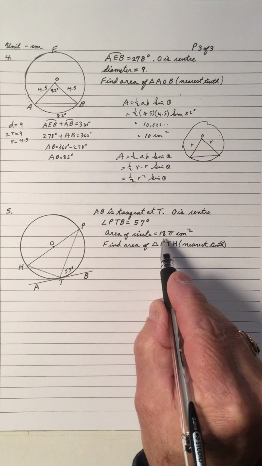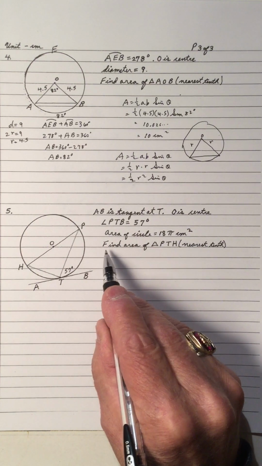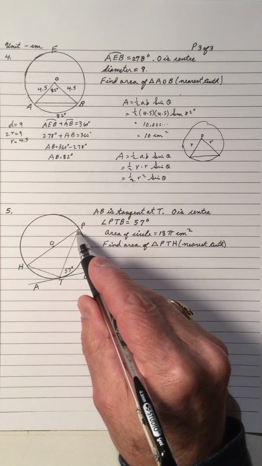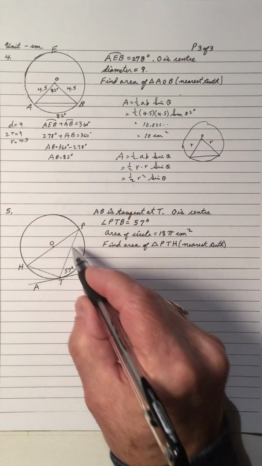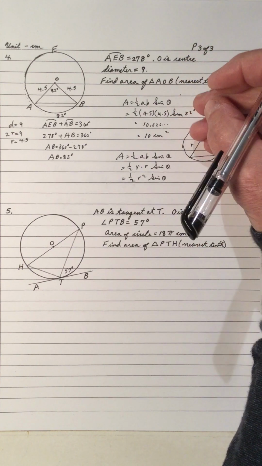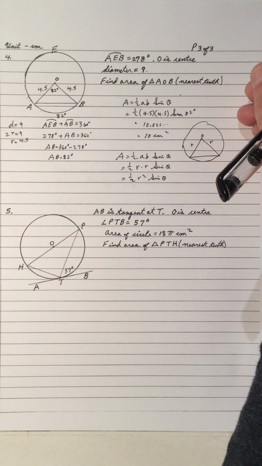The area of the circle is 18 pi square centimeters. Find the area of the triangle PTH to the nearest tenth. So we've got to get the area of the triangle. And again, we're working on half the base times the height, or a half of AB sine theta, etcetera.